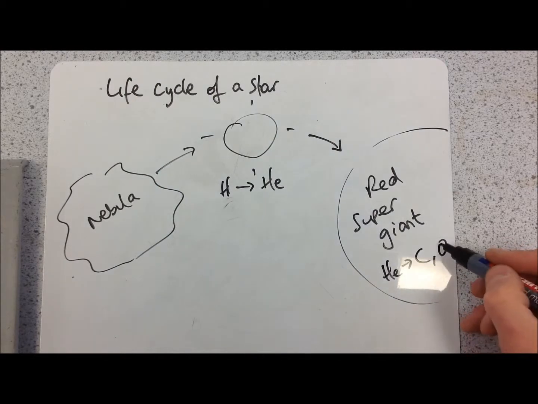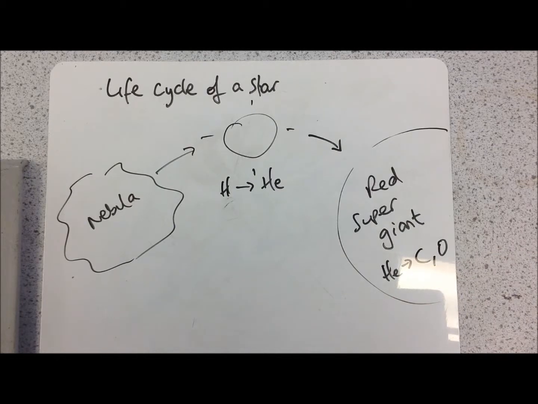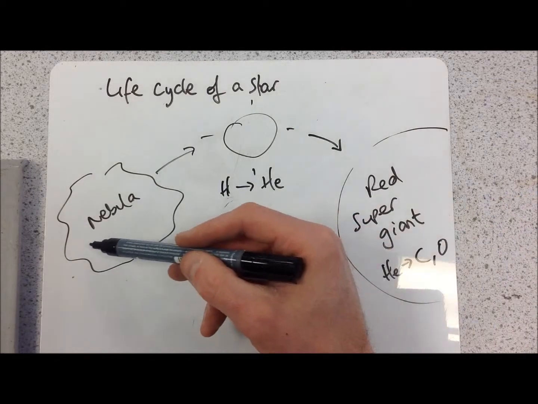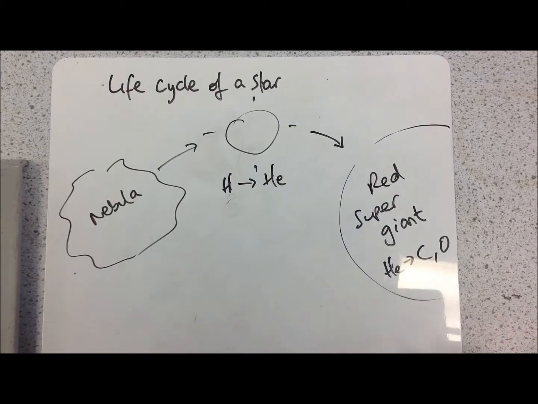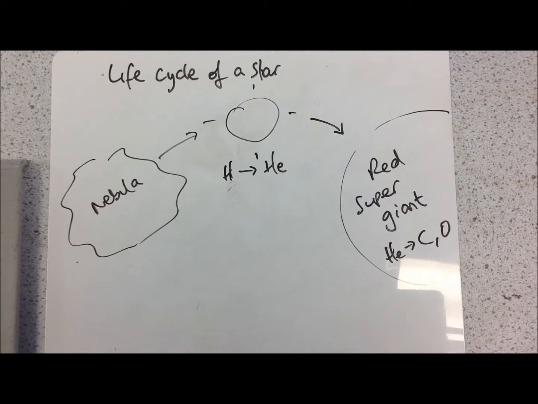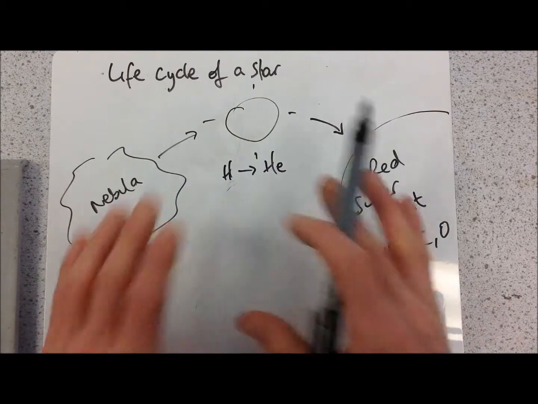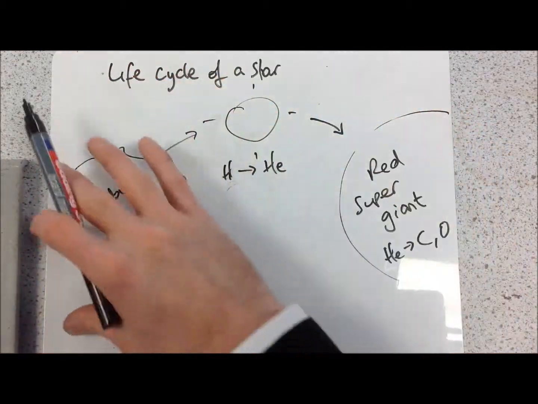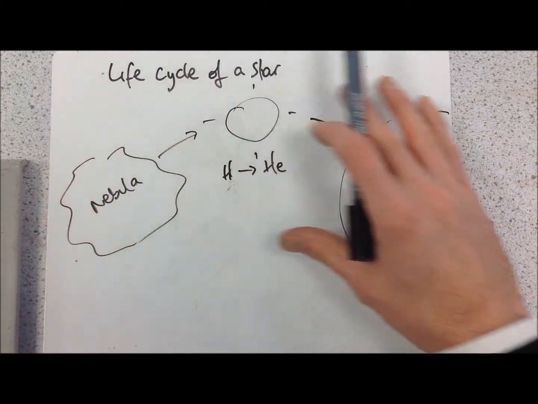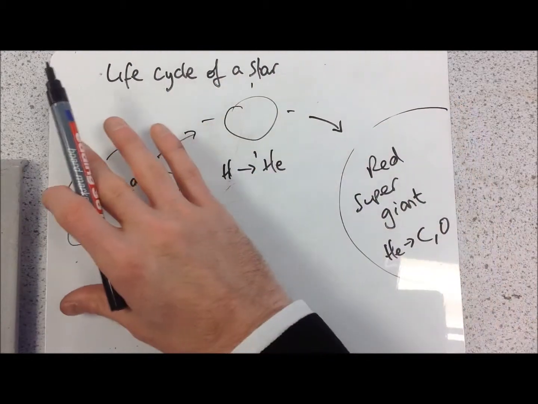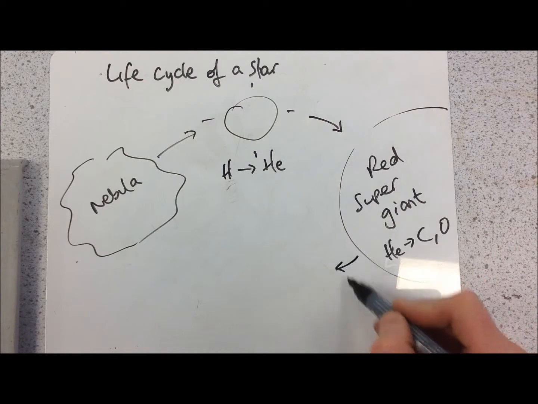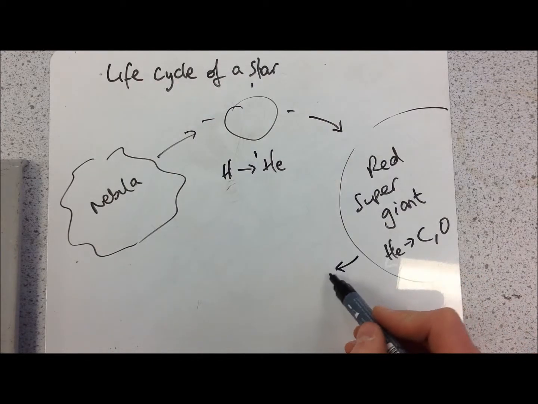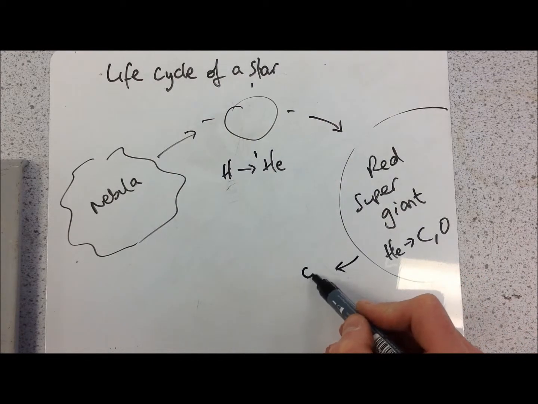Now, this is true for anything with a mass greater than the sun, maybe twice the size of the sun, and it will follow this route. But if it's 3 times the size of the sun, it will go to a neutron star.